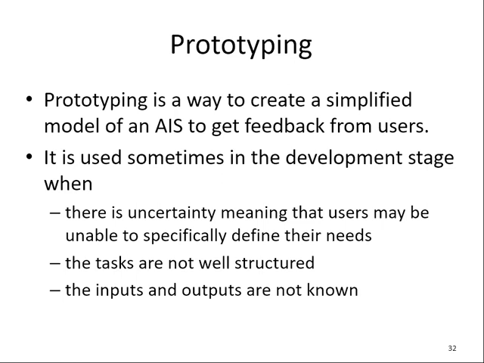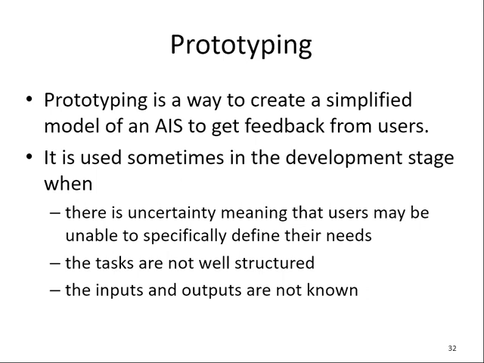So, we talk about prototyping. Prototyping is a system design approach. This is a way to create a simplified model of an AIS, then we get feedback from users. It is used in development stages when there's uncertainty, meaning the users may be unable to specifically define their needs. They don't know what they want.